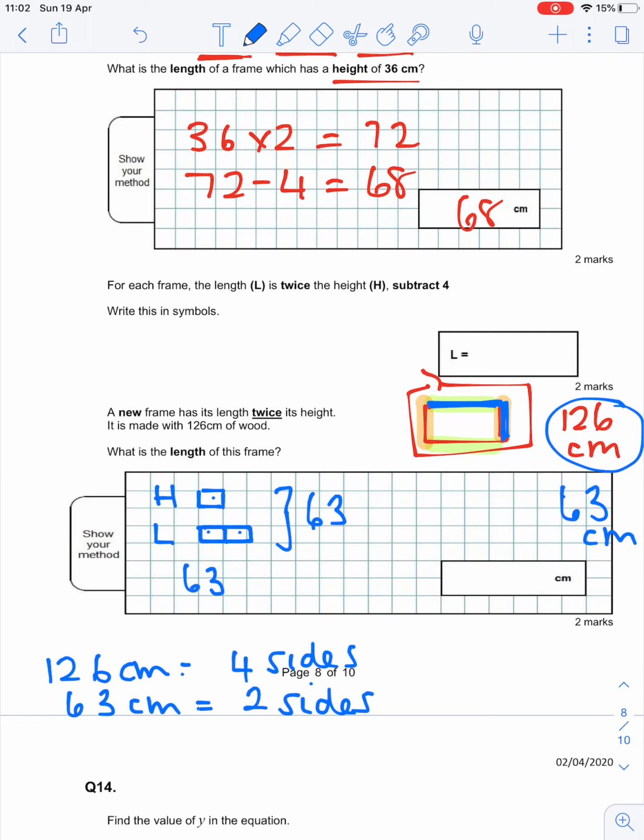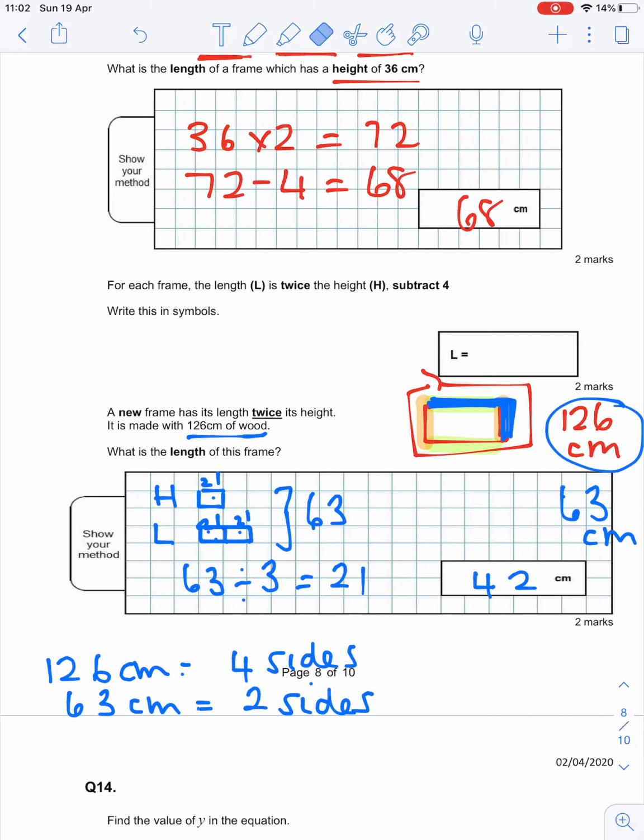So I do 63 divided by 3, which gives me 21. So each one of these bars is 21, which makes the length 42, because I've got 2 bars. Okay, that's tricky because I think some of you might have forgotten that it was only 2 sides and you needed to halve that 126 centimetres.